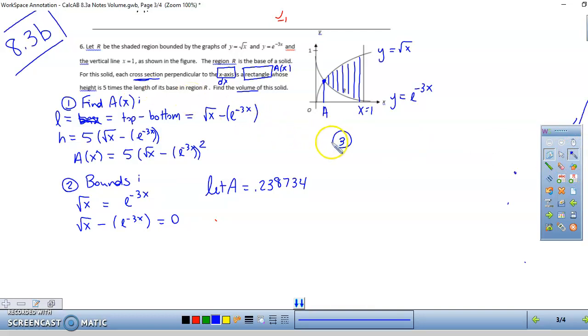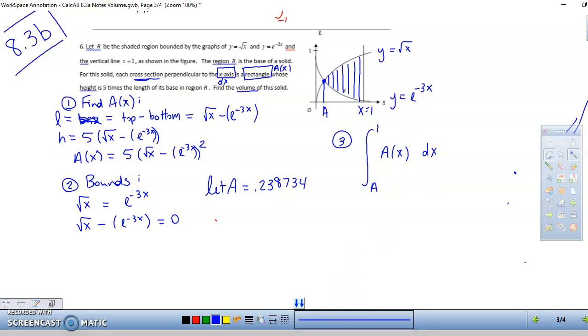So we are going to do the integral from A to 1. And then you're going to plug in your A of x when you do this on the calculator. Since we already defined it here, I'm just going to write the A of x.